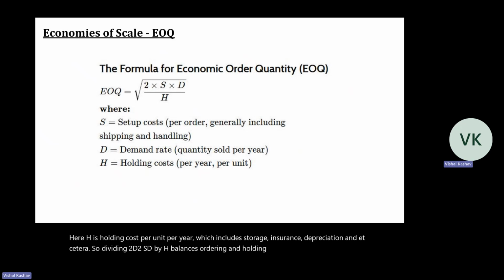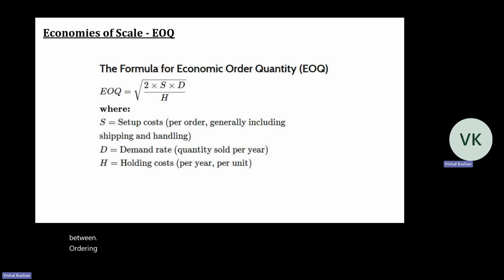And the entire square root ensures that the formula gives an optimal order quantity. So by using this formula, businesses can reduce total inventory cost by balancing the trade-off between ordering frequently and ordering large quantities. So this simple yet powerful tool supports efficient inventory management and cost savings.